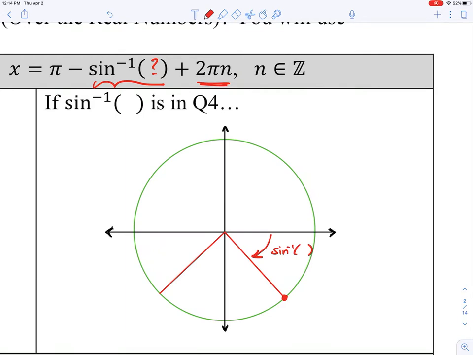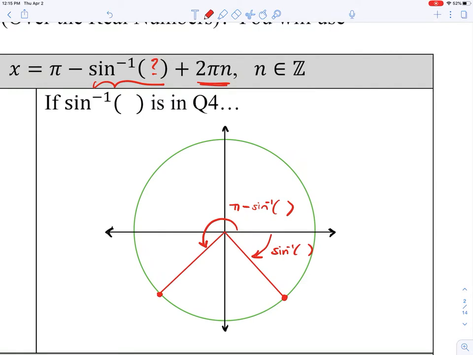Pi minus the inverse sine would actually be that angle right there in quadrant 3.